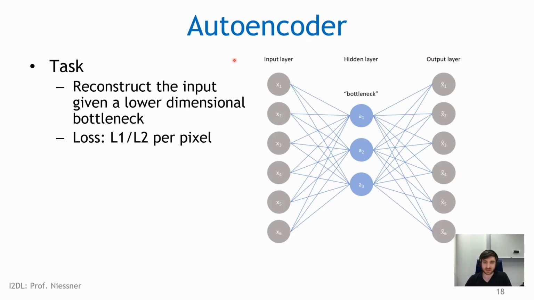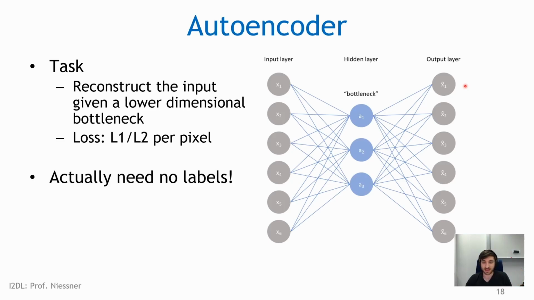This entire concept is then trained on images with an L1 or L2 loss on the raw pixels. The idea is that the network needs to find a good representation and a good way to compress what's in the input image to still be able to reconstruct a plausible version as output.